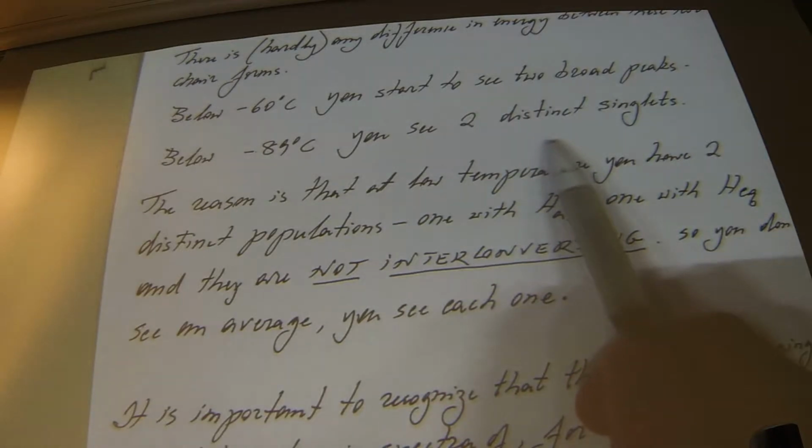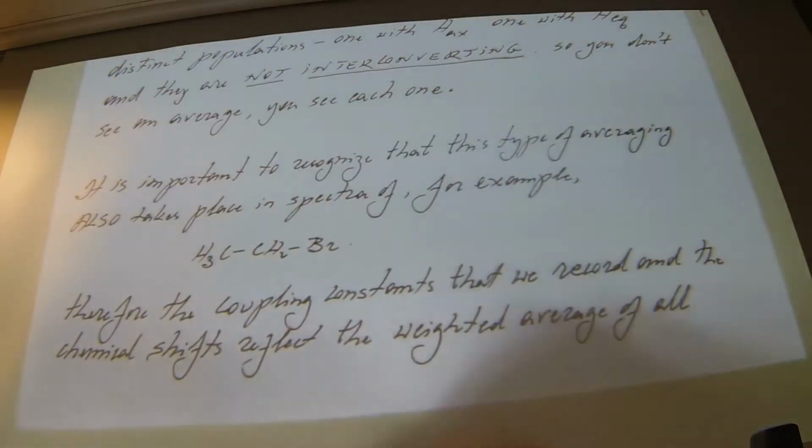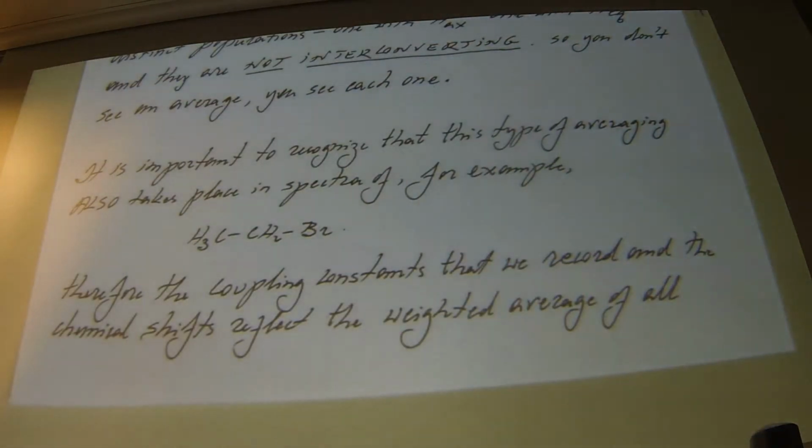Now, why should that be? Well, it means that you have two chemical shift non-equivalent protons. One's the axial, one's the equatorial, and the interconversion is now slow enough that there's no signal averaging. You can say, gosh, why would I want to go to this much trouble? The reason is that you can get some very interesting information from NMR about reactions.